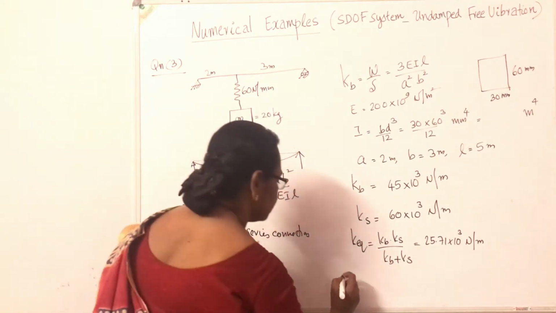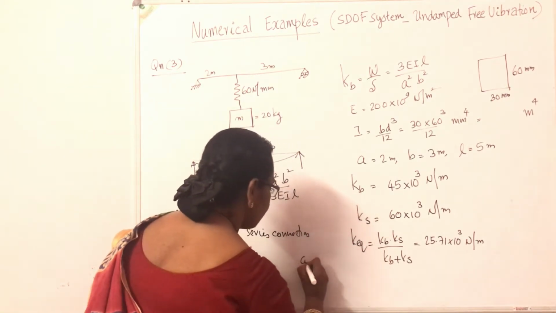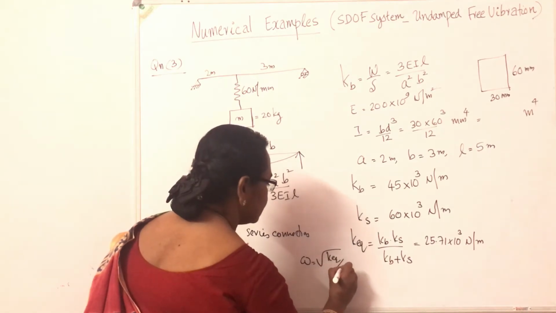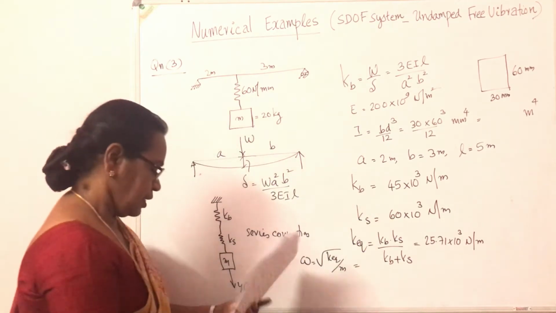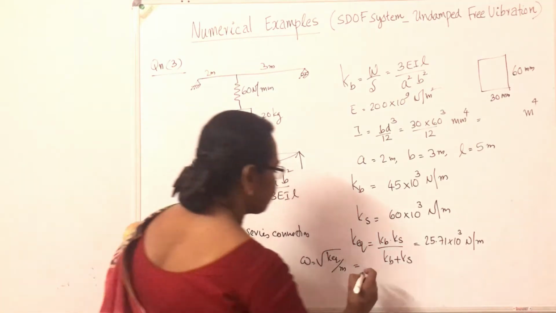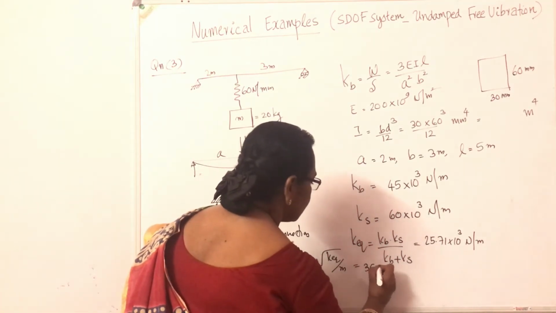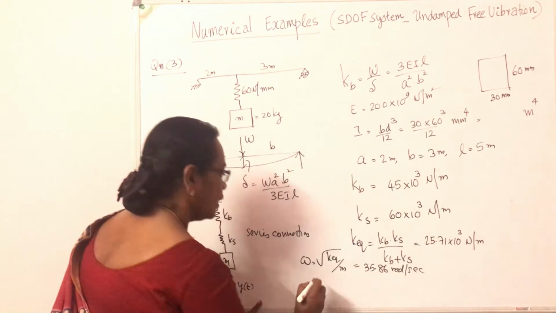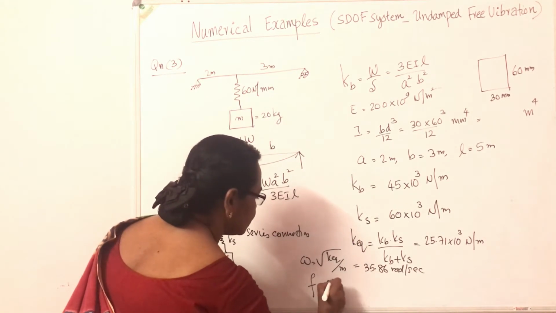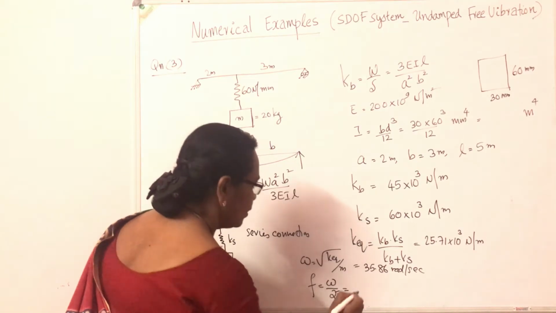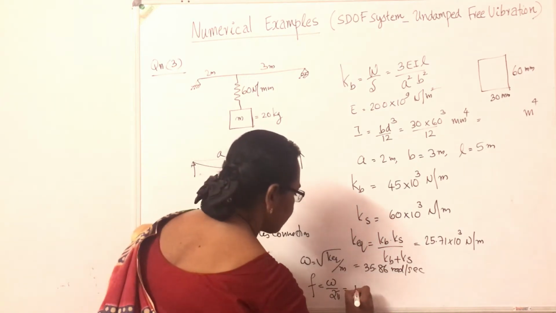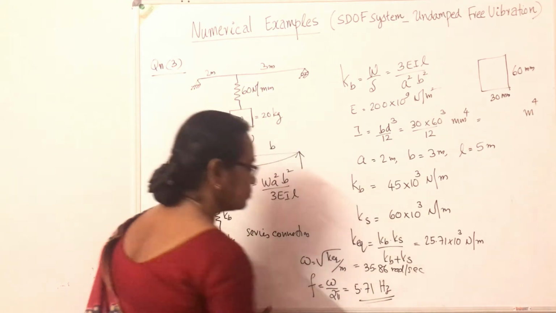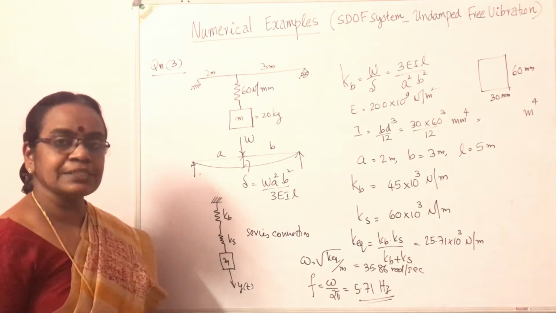Therefore, the frequency of vibration of the system, omega, is equal to root of K equivalent divided by M. It works out to 35.86 radians per second. And the natural frequency f is equal to omega by 2 pi, which works out to 5.71 hertz.